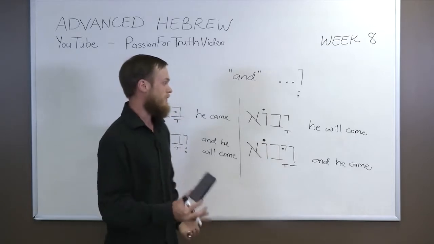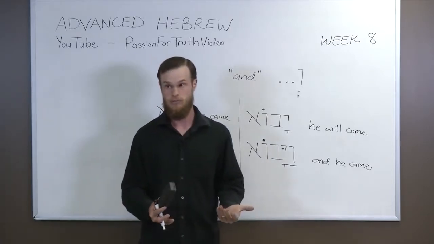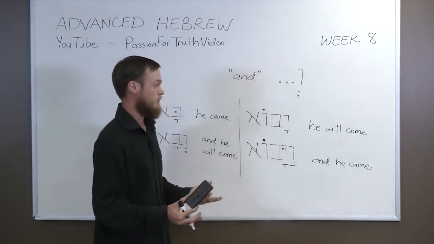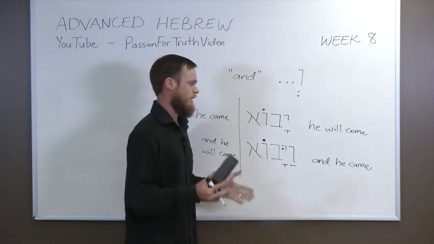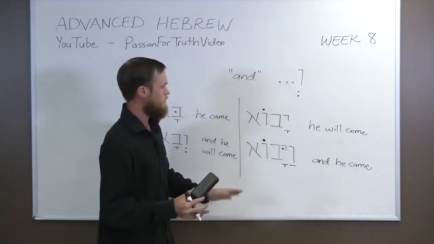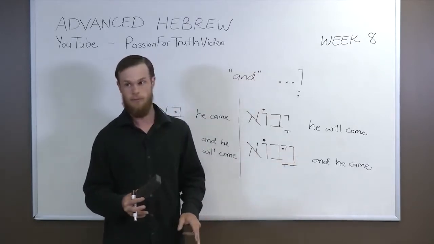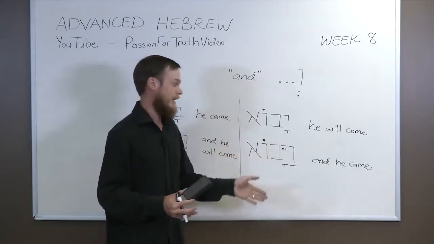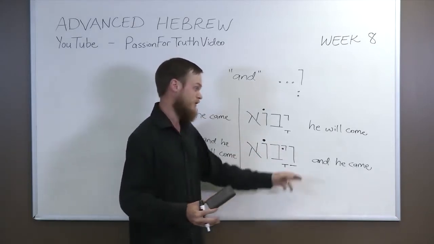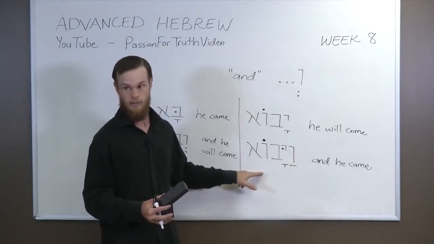Okay? So if we're talking about things that happened in the past, we're going to start, most likely, either with a past tense verb or with a vav and then a future tense verb. But every verb that follows, when we're talking about the past, is going to have this vav, future tense.